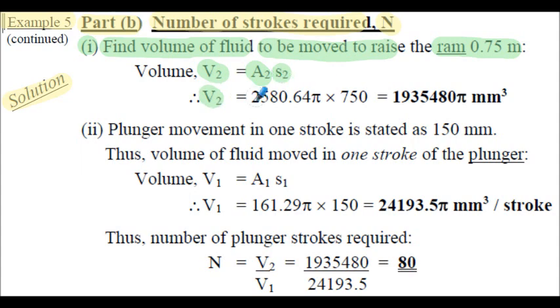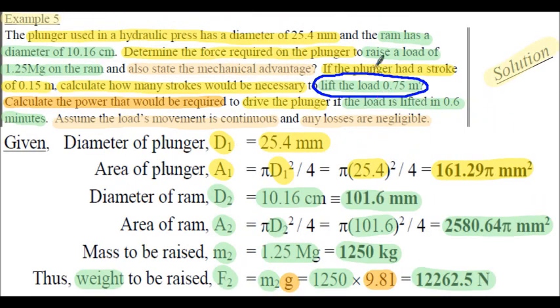So we can calculate V2, A2 is from the previous slide, S2 in millimeters here, 750 millimeters, is used to calculate V2, pi millimeters cubed here, and then part 2, as I've labelled it here, the plunger movement in one stroke is stated in the question as 150 millimeters. That's stated here, the plunger at a stroke of 0.15 meters, that's my 150 millimeters.